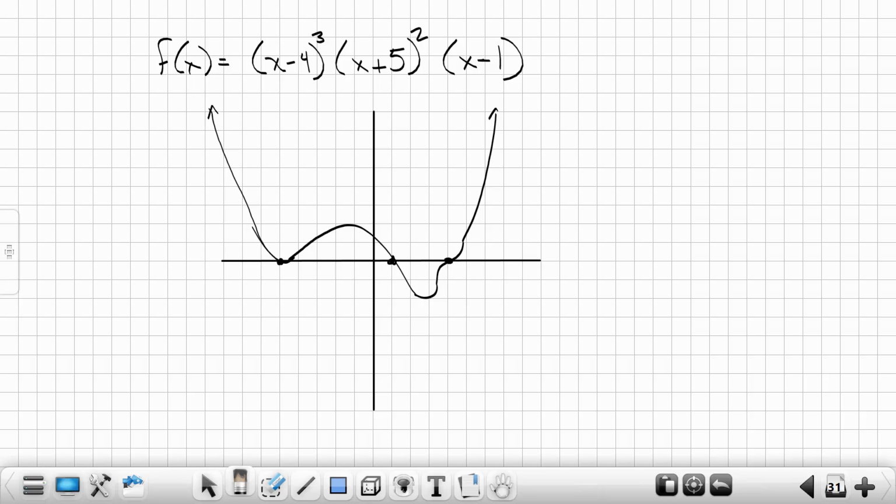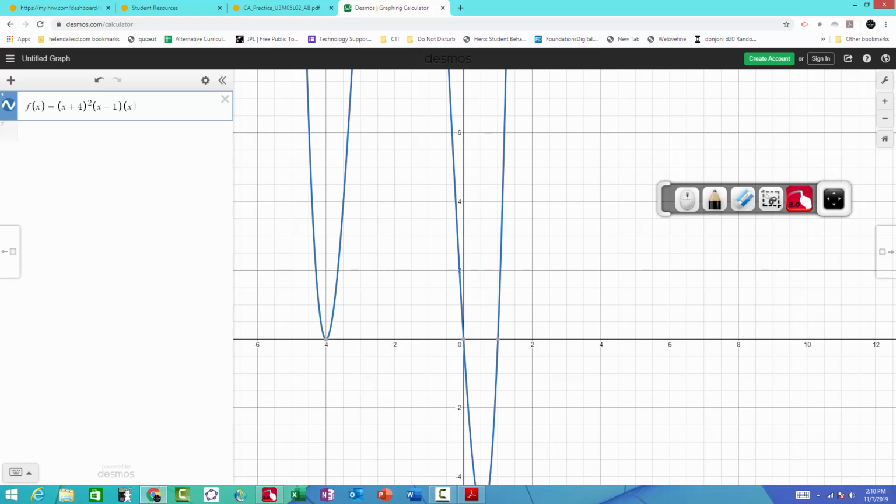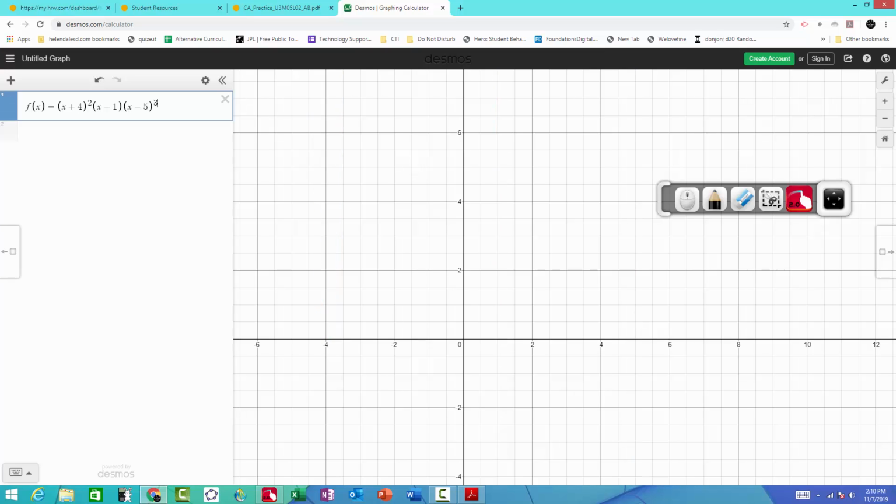So there's my super quick sketch of this. Once again, I don't know how high that goes or how low that goes, but if I were to put this into Desmos, I keep holding that shift key too early. There we go. What did I say? x plus 4 squared? All right, and then x minus 1 was in there, and then x minus 5 cubed, right?